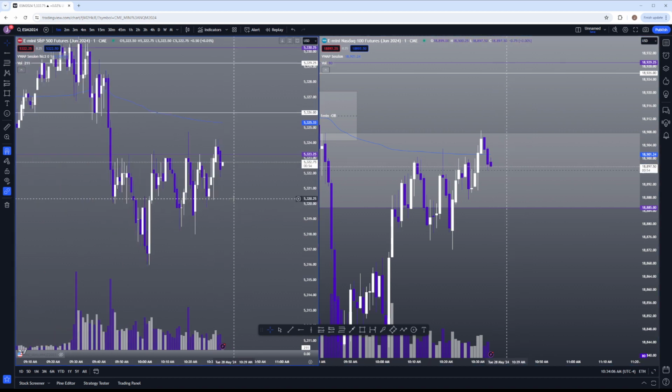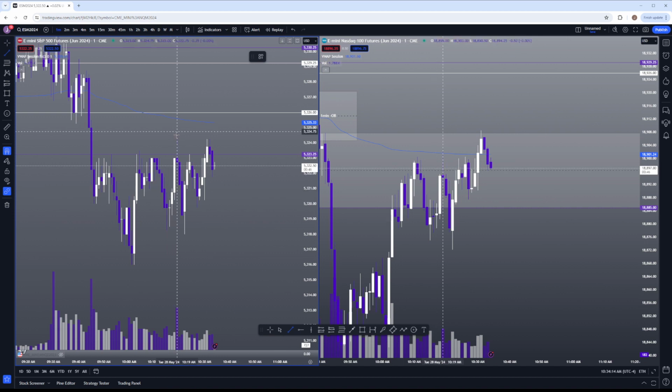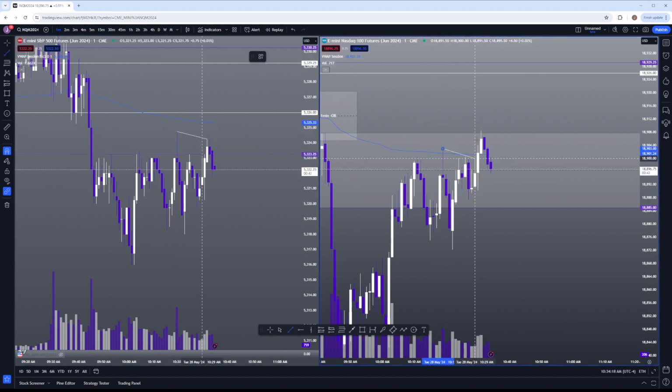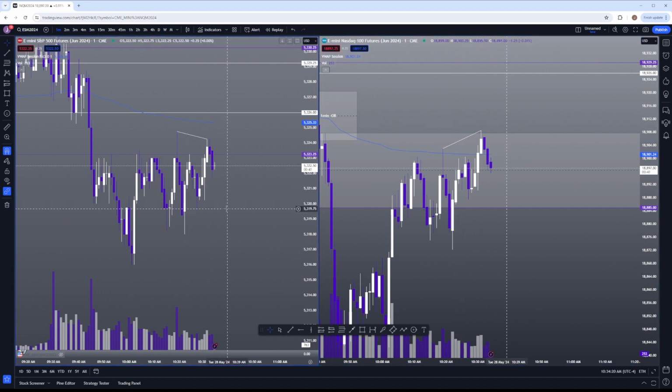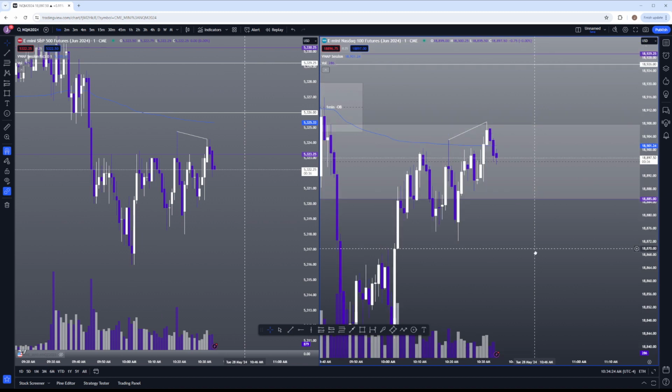You can see ES hasn't even taken that high out. We've got SMT with this high up here. Notice this one here. NQ takes it out. That's that SMT divergence where we'd expect price to come back down.